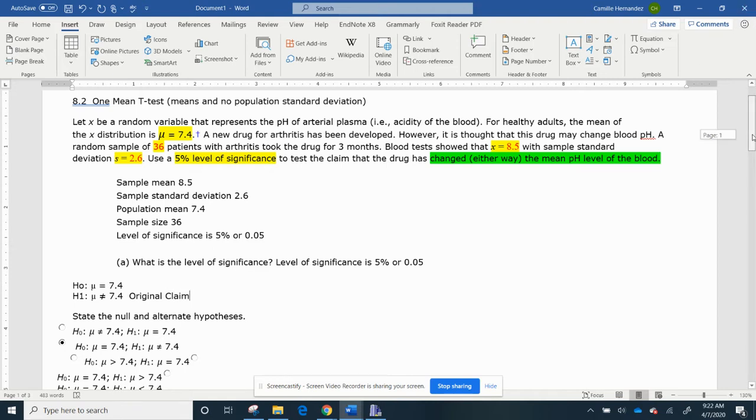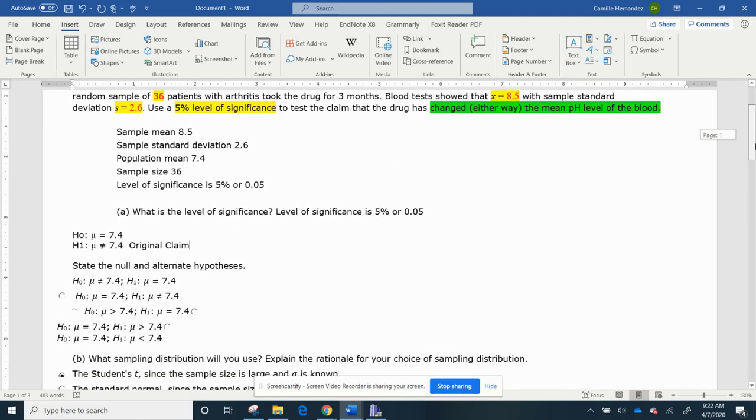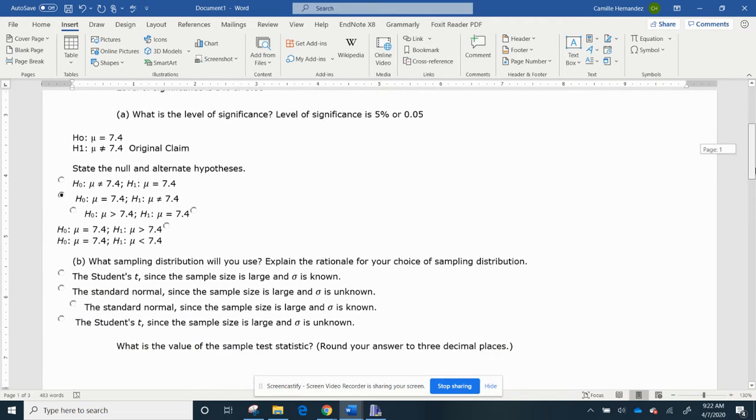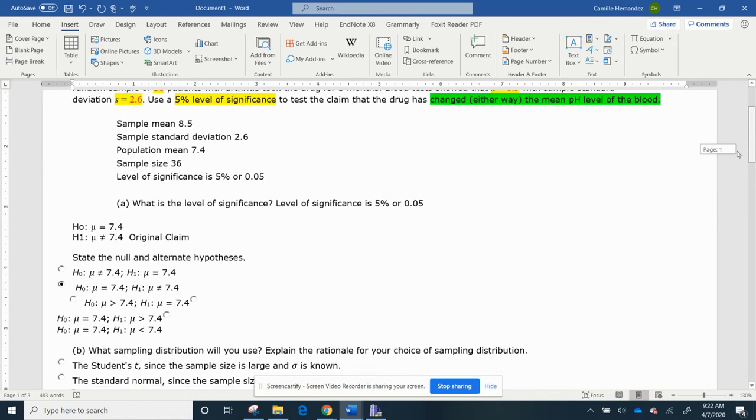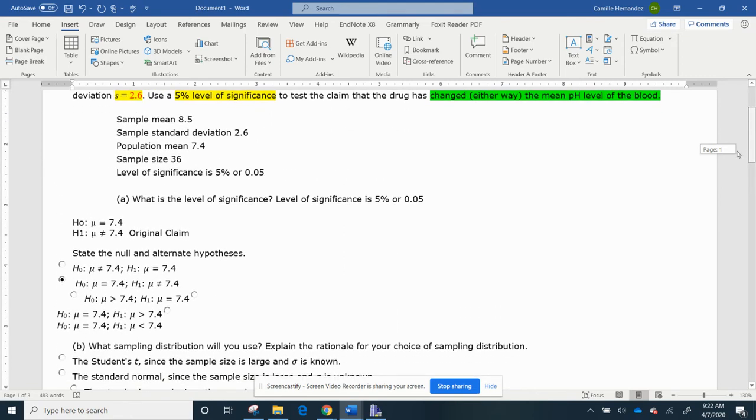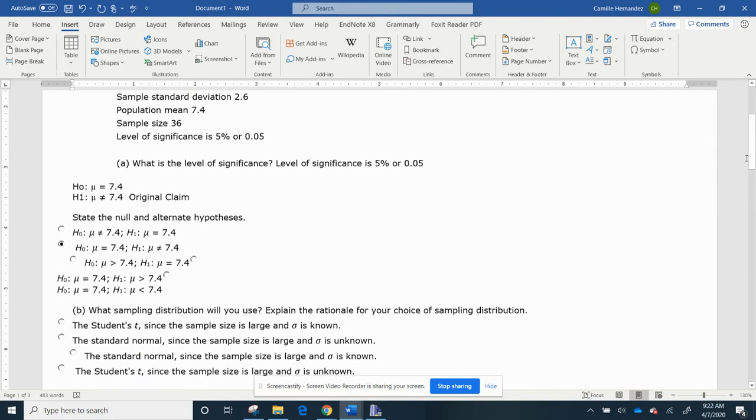Okay? All right. It wants to know, choose my null and my alternative. Well, here it is, right here. That's correct. Remember, null always has to have the equal. The alternative has the not equal in it. All right. So what sampling distribution are you going to use? All right. I was not given a population standard deviation, but I was given a sample standard deviation.